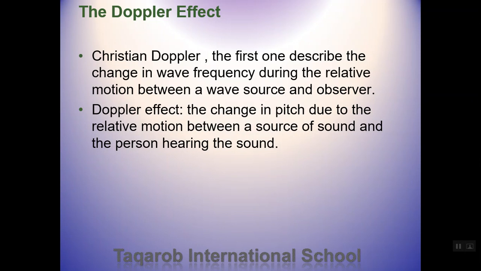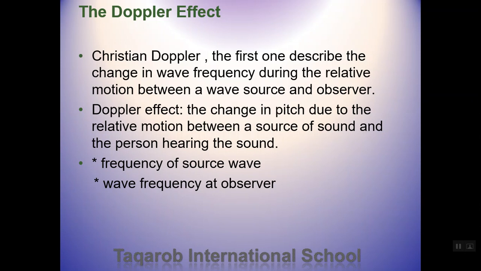The most important things we need to know when we describe the Doppler effect are the frequency of the source, the wave frequency at the observer, the speed of the source, and the speed of the observer.